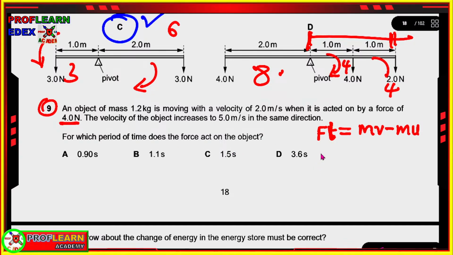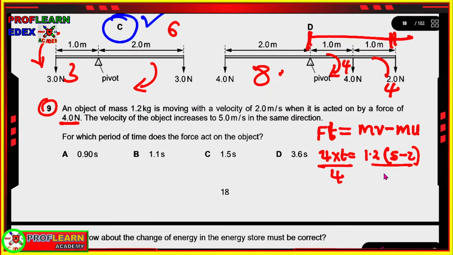So we're going to say that 4 times t is equal to the change of momentum, which is going to be 1.2 into bracket v minus u, but our v is actually 5, because the new velocity became 5 minus 2. If you work it out, we can divide by 4.